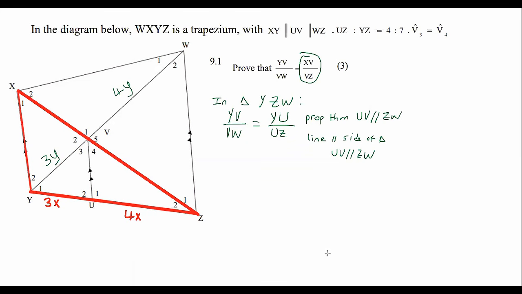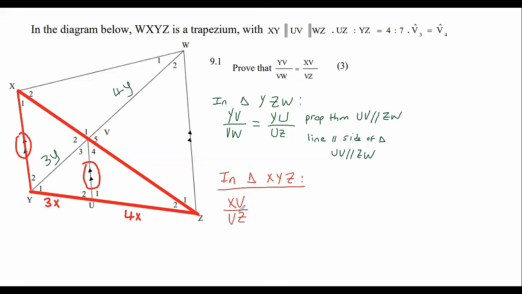Because now we've got parallel lines once again, which is good for the proportionality theorem. And we also have the ability to get XV over VZ. That's quite nice. So now we can say in triangle XYZ, we can then say that XV over VZ.